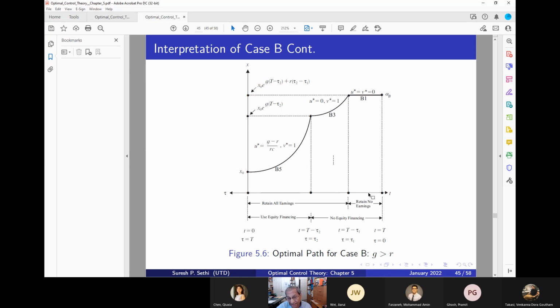Now, if I take the limit of this solution, then that disappears, because infinity minus tau 1 is still infinity, and infinity minus tau 2 is still infinity. So the limiting solution is this, going all the way to infinity. But in this solution, no dividend is ever paid, and the outside stockholders are giving you money.